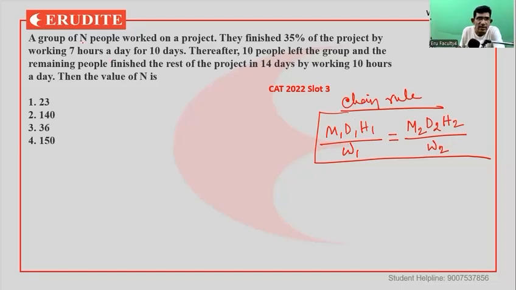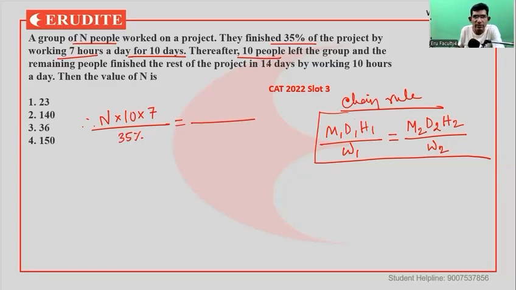So initially I have n people. They work for 10 days, and each day they work for 7 hours, and they do 35% of the work, or 35 units, let's take. Now 10 people left.